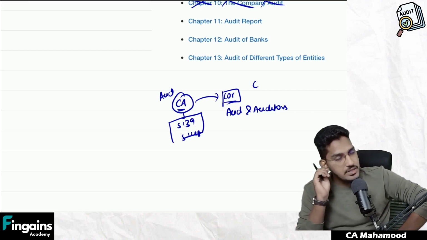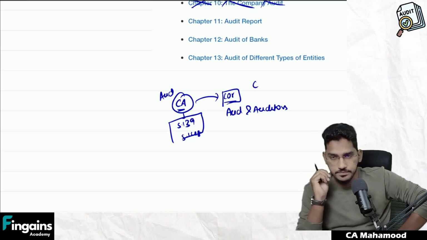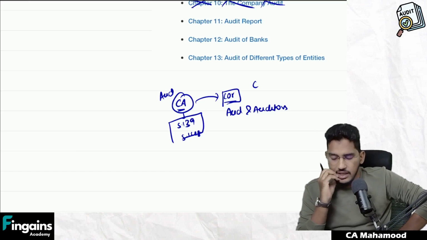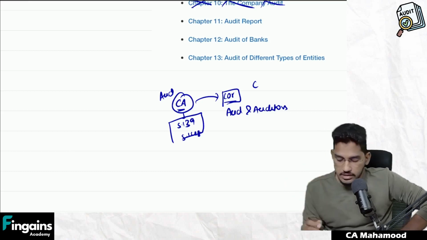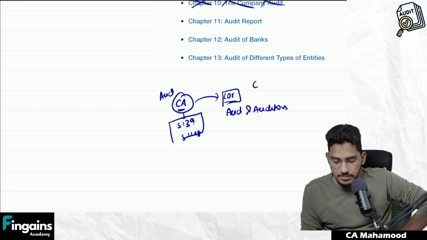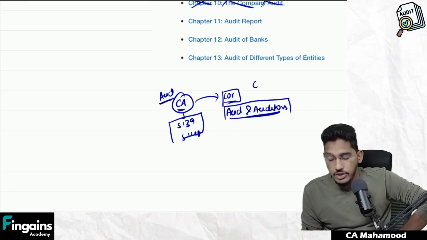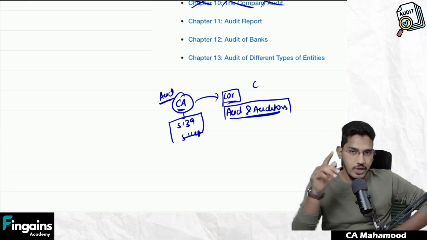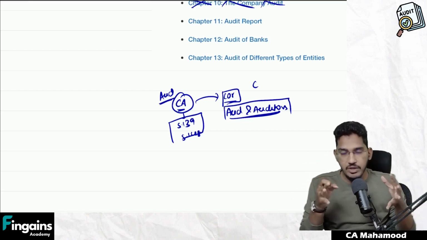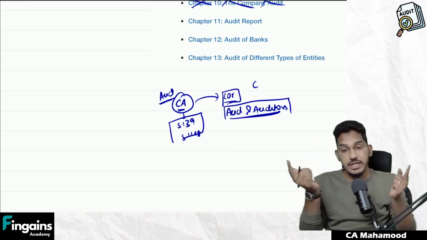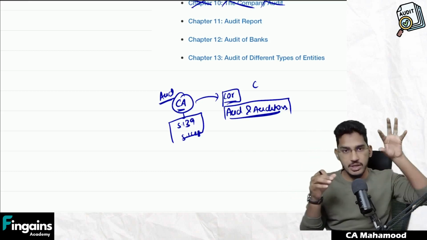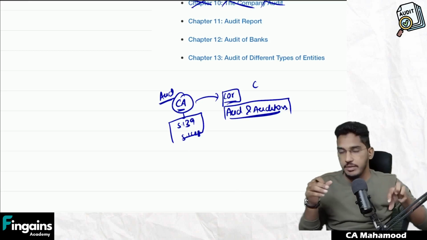So ICAI might have thought that it is going to be an unnecessary repetition. So what they have done is they have now excluded the company audit chapter from the auditing paper, but this chapter remains intact in your corporate law. Under the existing scheme, we used to have the company audit chapter under both the law paper and auditing, and they used to test questions regarding the same chapter in both papers.